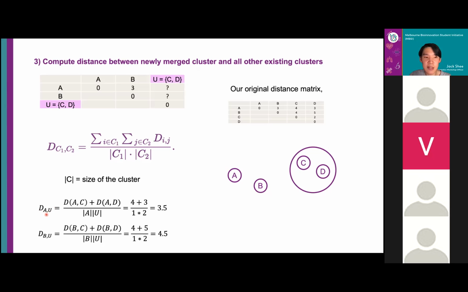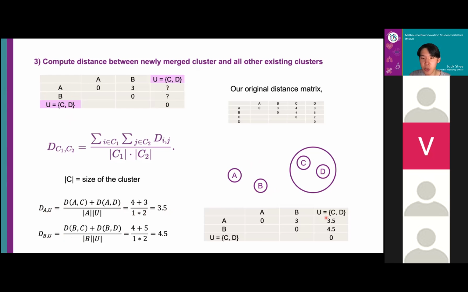The distance between A and U is just going to be the distance between A and C plus the distance between A and D. And since we've gone through two distances, we just divide by 2. And that results in 3.5, which is our new distance between A and U. So likewise, we repeat this process for the cluster B. And if this matrix was bigger, we would just repeat this process for all the other leaves.